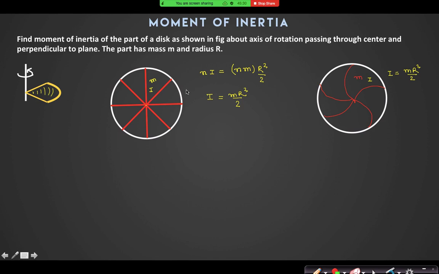So what can I conclude from this example? I can say that if we have to find the moment of inertia of any portion such that when we add such similar portions about an axis we get a complete body, then the expression for moment of inertia of each portion is the same as that of the complete body. Can I use the same expression for the complete body as the expression for the moment of inertia of each part?